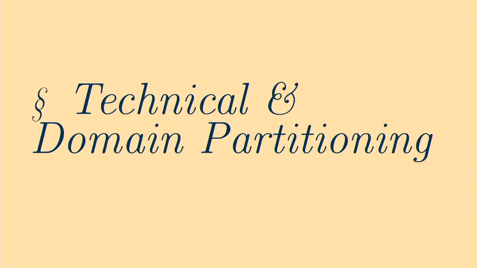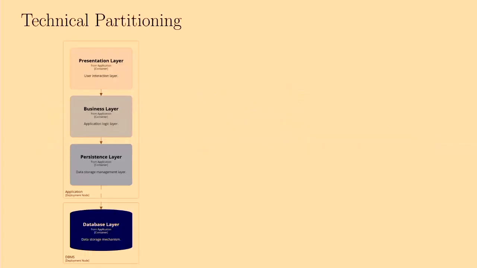Another point we want to raise is there's a difference between technical and domain partitioning. So the layered architecture is the prototypical example of a technical partition, in that everything is broken up based on a technology. So I've got your standard four-layer architecture.